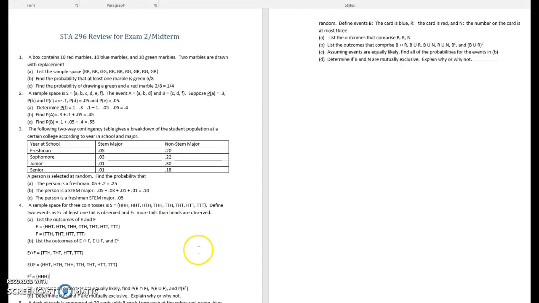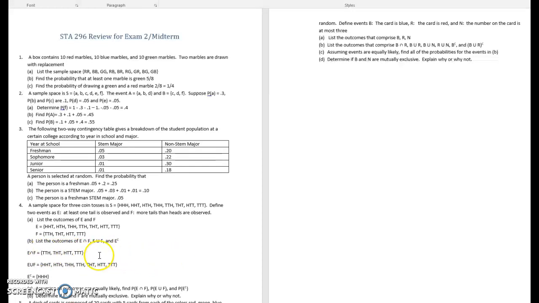All right, so assuming all outcomes are equally likely, we now want to find the probability of each of these events that we just listed in B. Well, that's fairly easy to do now that we know how many outcomes are in each event.